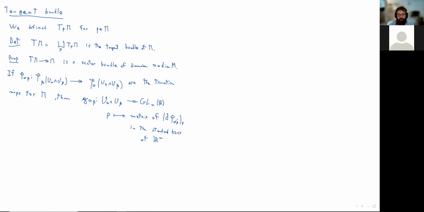Yeah, you know, a differential in principle is just a linear map between some spaces, but then if you actually fix a basis in the domain and codomain, then this gives you a matrix, and then we take that matrix. And it turns out that this matrix is precisely the one that gives you the transition maps for the tangent bundle.